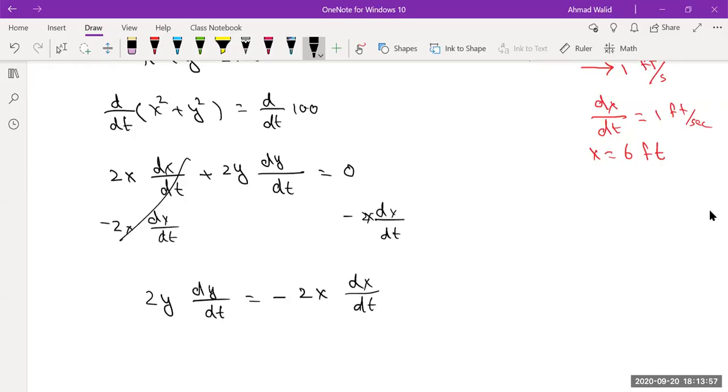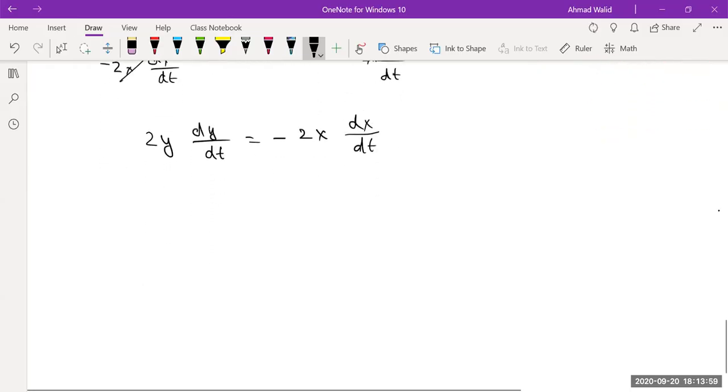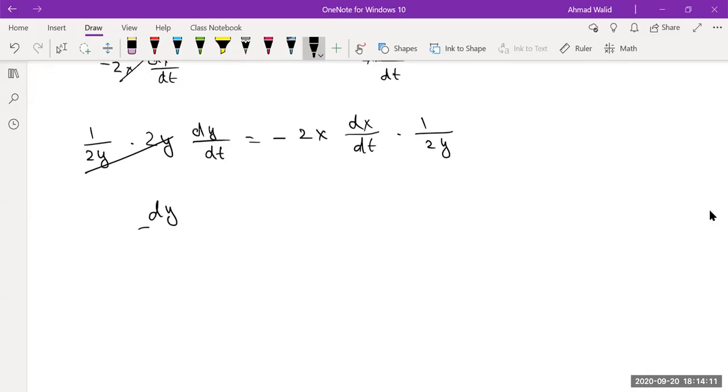Now, solving for dy/dt, you have to multiply both sides by 1 over 2y, right? To get rid of 2y. These two cancel out. dy/dt equals, here 2 cancels out with 2, you end up with negative x over y times dx/dt.